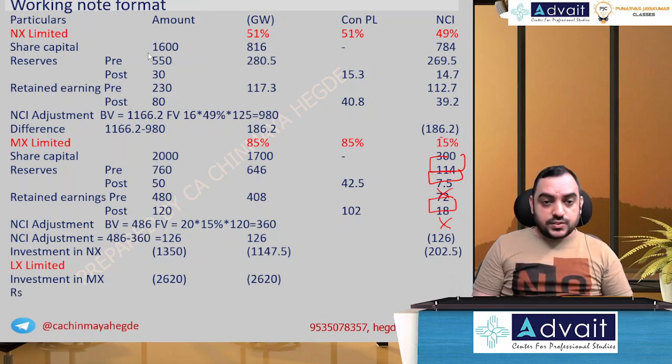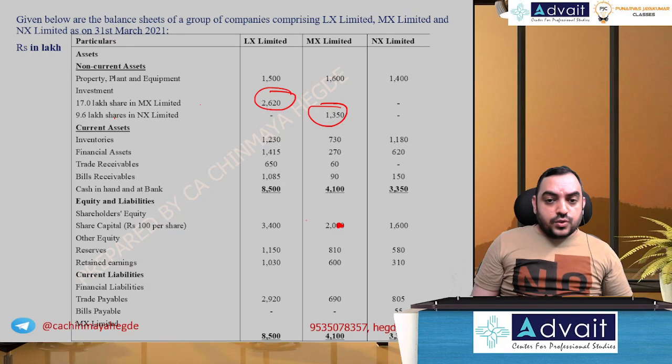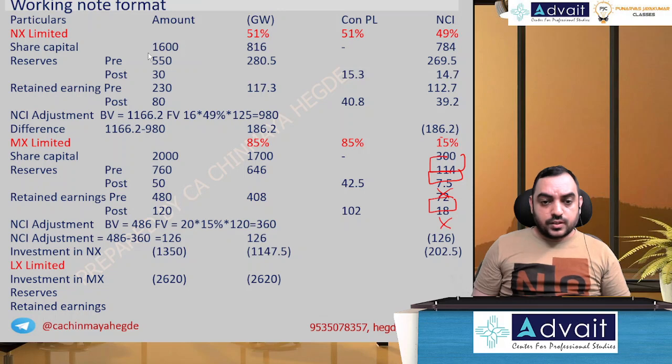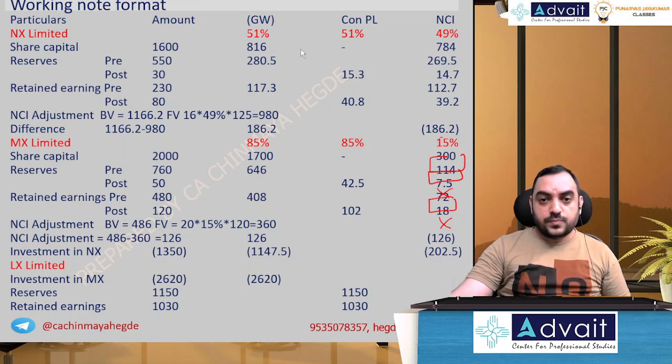Then their reserves and their retained earnings. No pre-post here, full amount. So reserves is 1150, retained earnings 1030. Entire amount goes to ConPL, 1150, 1030. Okay, so do the total and tell me how much amount you get column wise.